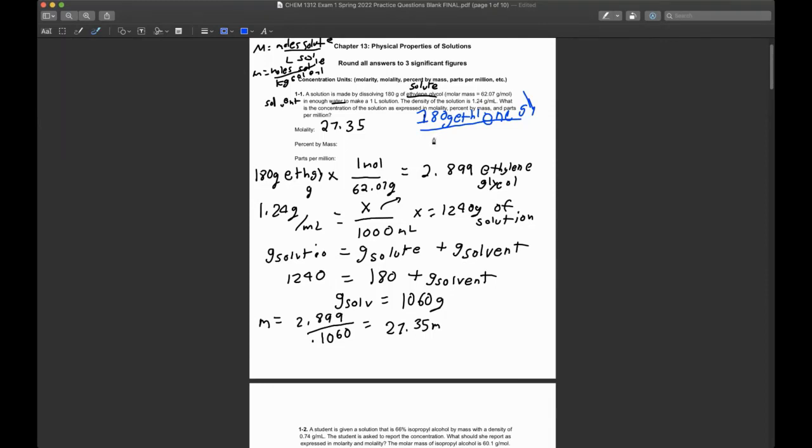And that something else is going to be the grams of solution that you have. In this case, you have a total of 1240 grams of solution. So that's going to be 1240, and then times 100. And when you put that in your calculator, you'll get that it's 14.5% by mass.